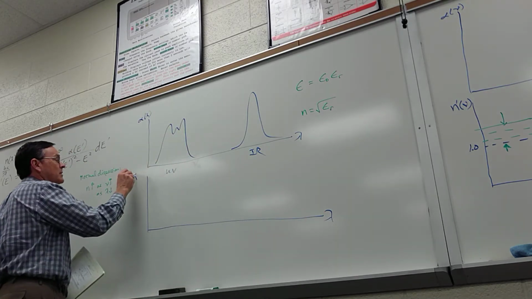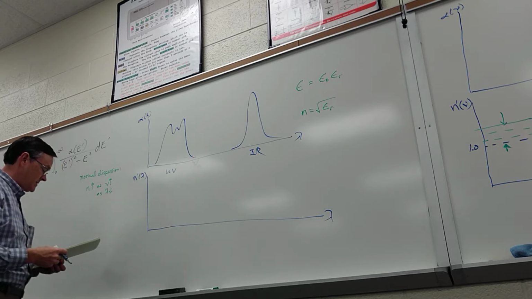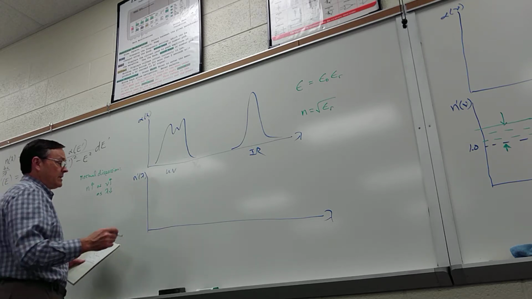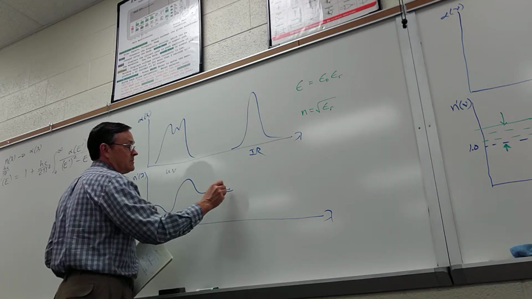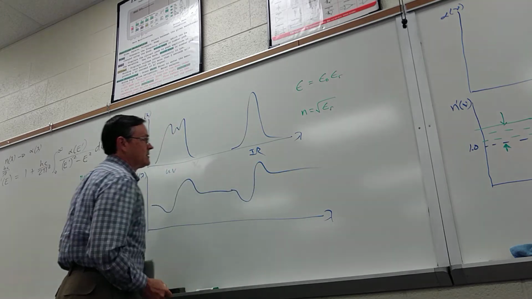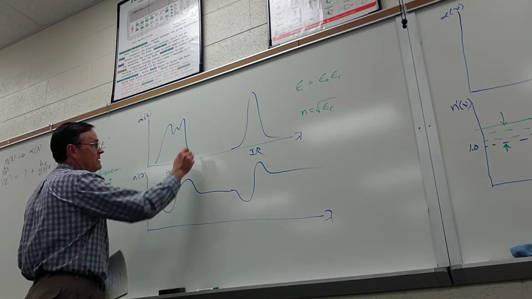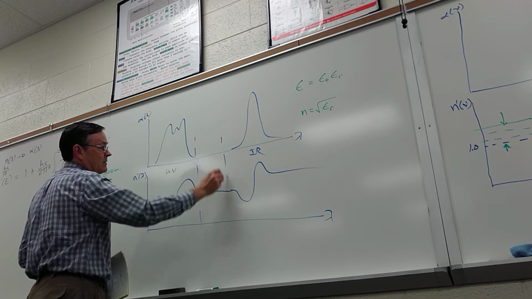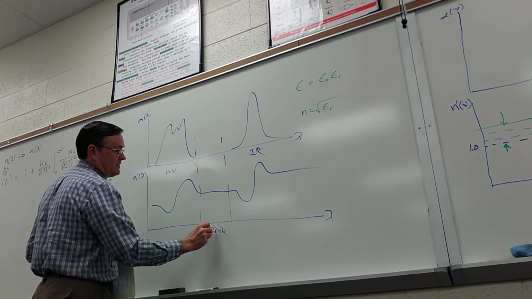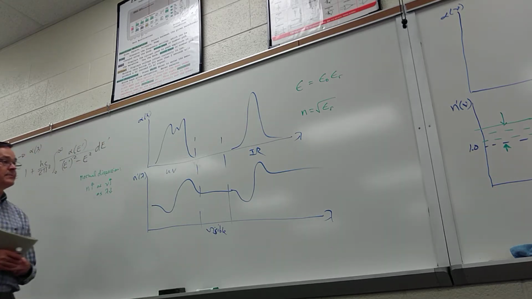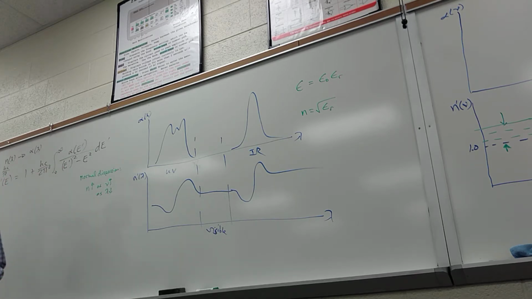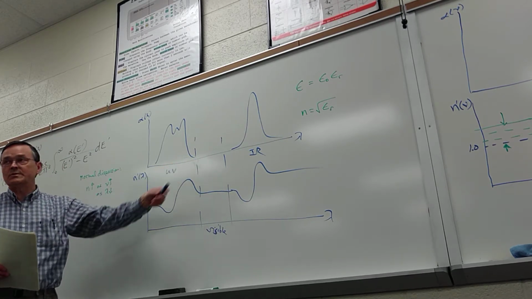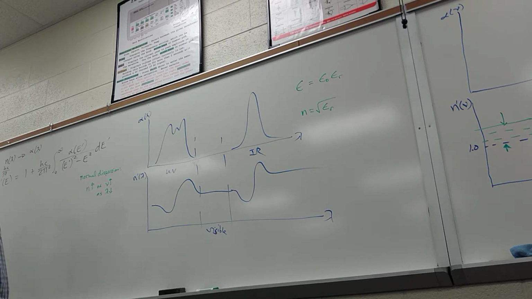The real part of the refractive index as a function of wavelength might look something like this. And here we've got the visible, and you see we've got a region of normal dispersion and pretty much no absorption. That would be something kind of typical that you could measure.